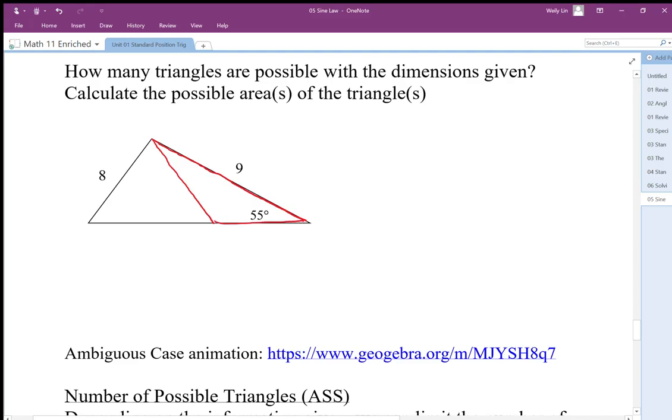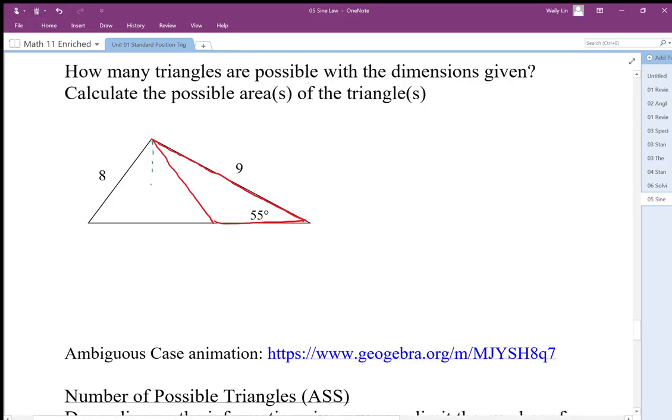Okay, so we have that length there, and that triangle there, and we have also the big triangle here. If we want to find the areas of these triangles, we need to be able to use the perpendicular height, which I'm going to draw here.